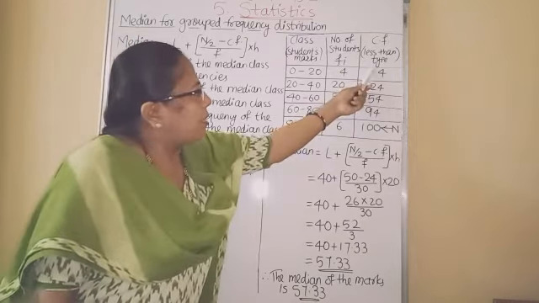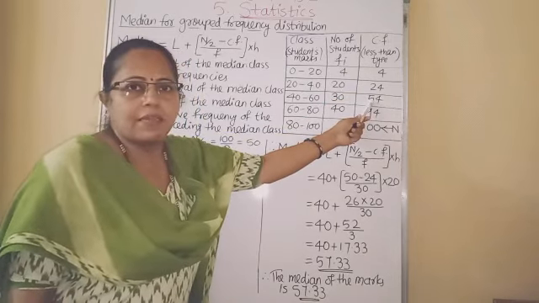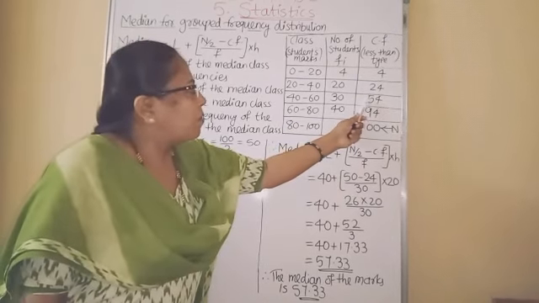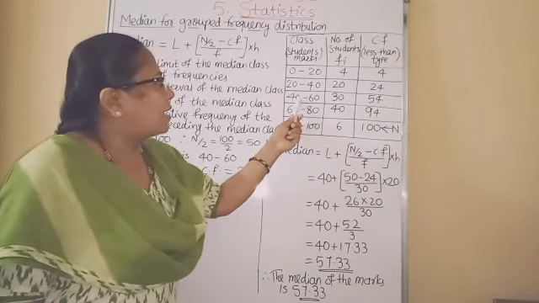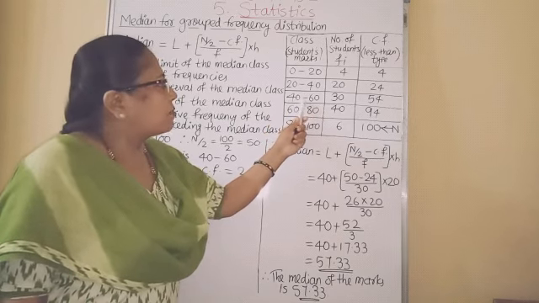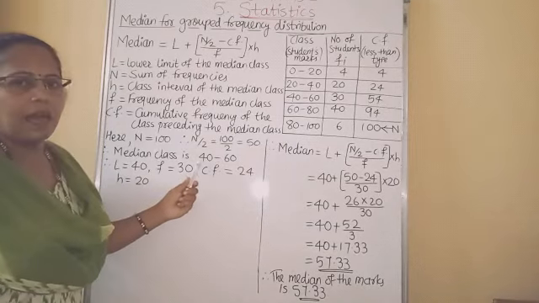From this table, this 54 is just greater than 50. This 54 is related to the class 40 to 60. So this class, 40 to 60, is our median class.